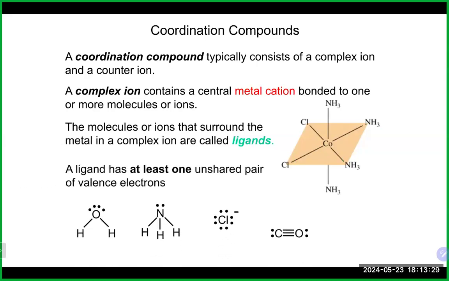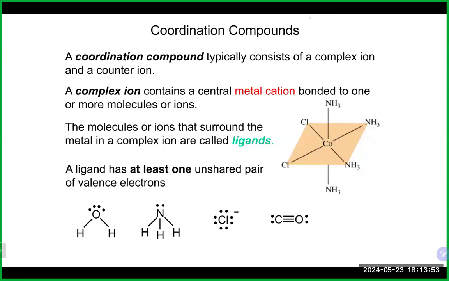So when we talk about a coordination compound, you can really think of it like an ionic compound. There's a positive side and a negative guy. And just like in an ionic compound, the positive guy always comes first and the negative guy always comes second. Now, there's two parts to a coordination compound: a complex ion and a counter ion.